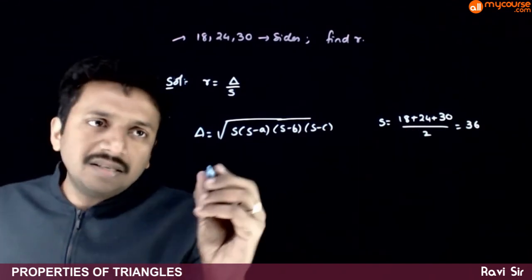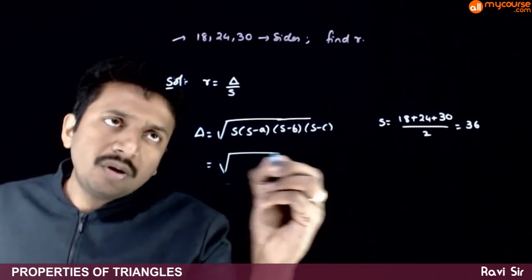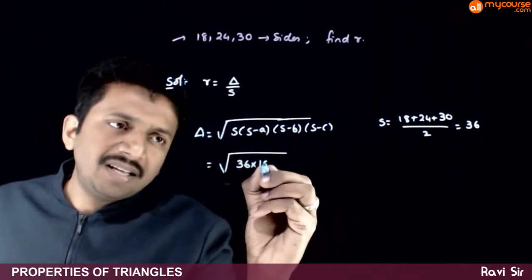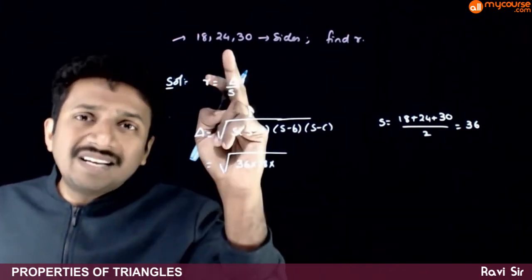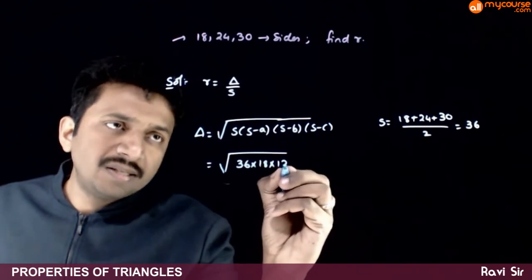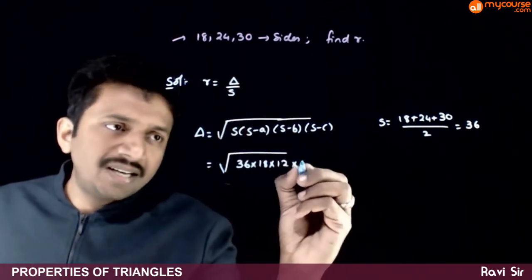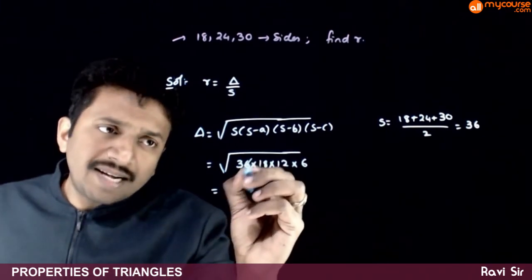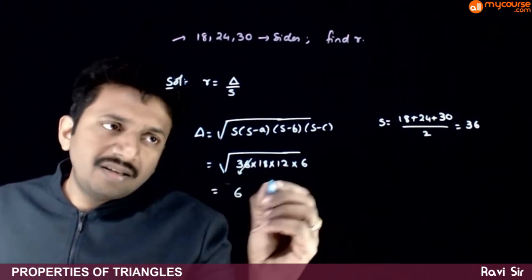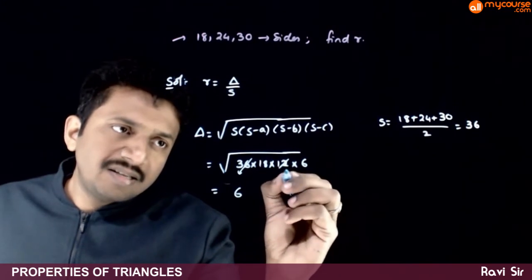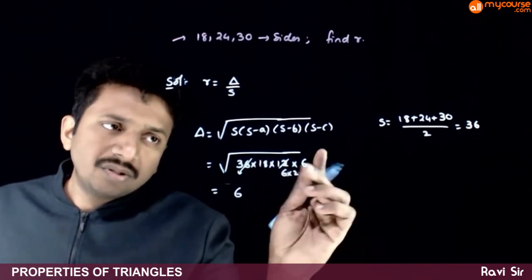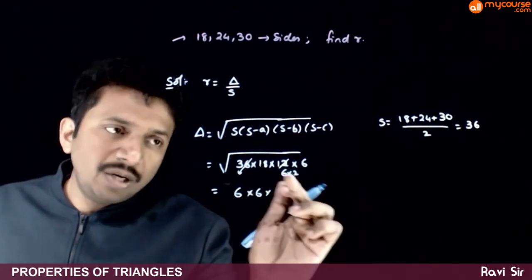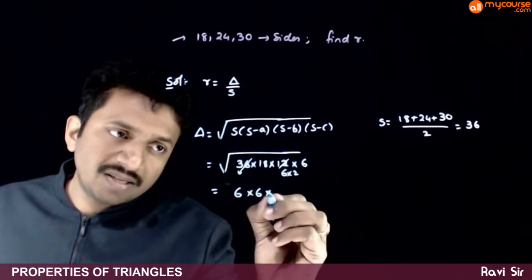So S is 36. So delta is root of 36 into 36 minus 18, which is 18, into 36 minus 24, which is 12, into 36 minus 30, which is 6. That is equal to, so 36 comes out as 6. So this is 6 into 2. So we have 2 sixes, one more 6 comes out, into 18 twos are 36, one more 6 comes out.